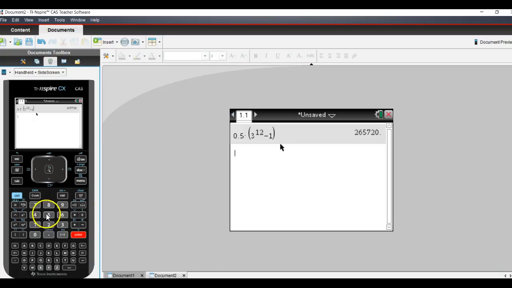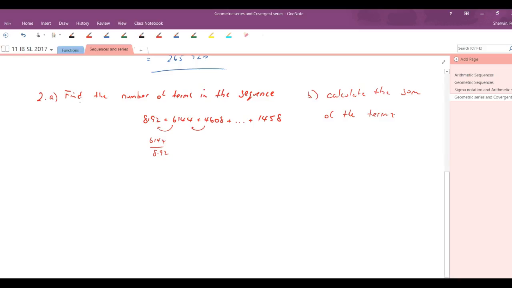6144 over 8192. This will give us 3/4. So that there is equal to 3/4.